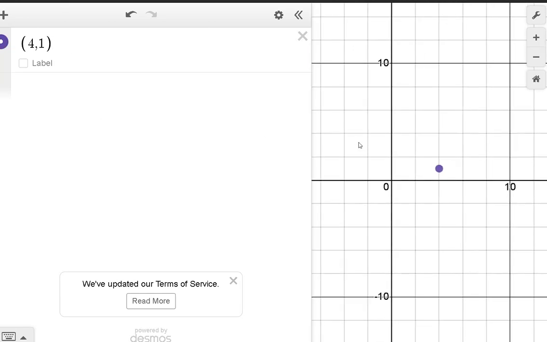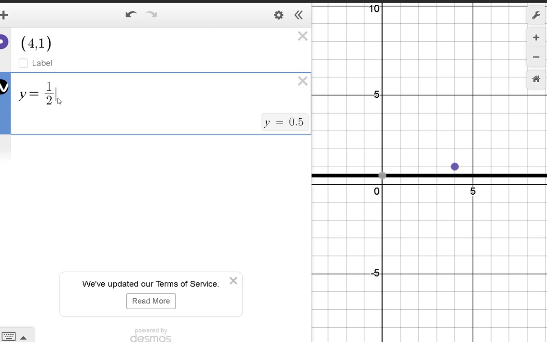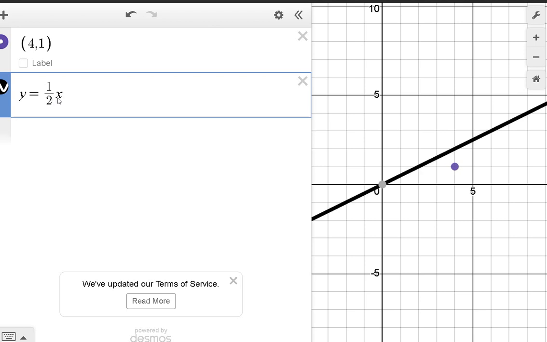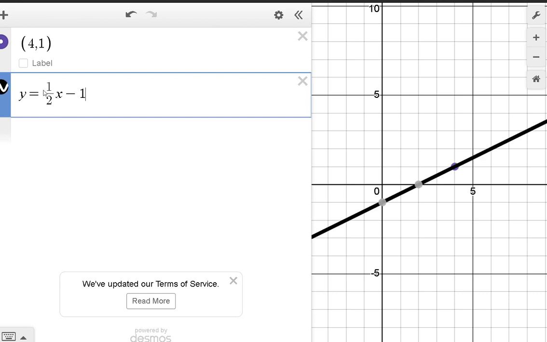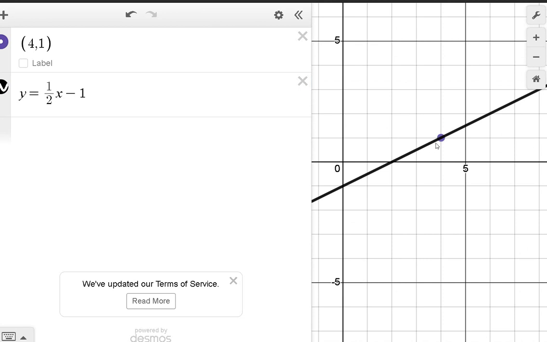Now, if I did things right, then my graph should pass through that point. Let's see if it does. y equals 1/2 x. Well, close. Oh, but I got to put in the -1, and now it's perfect. So it certainly passes through that point.